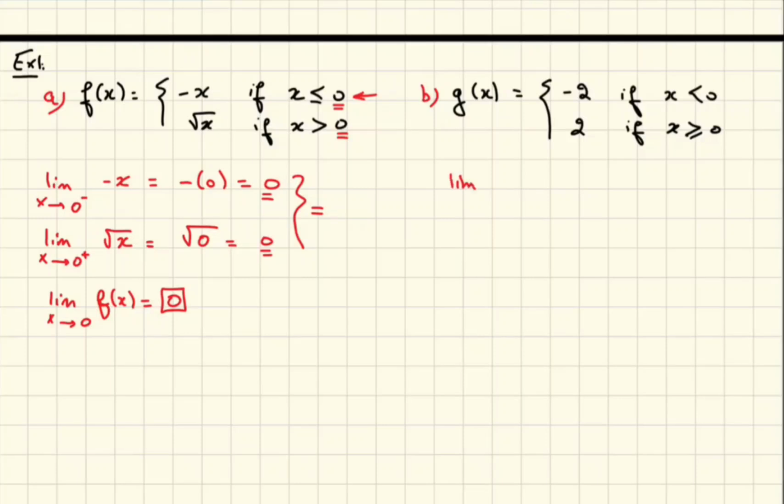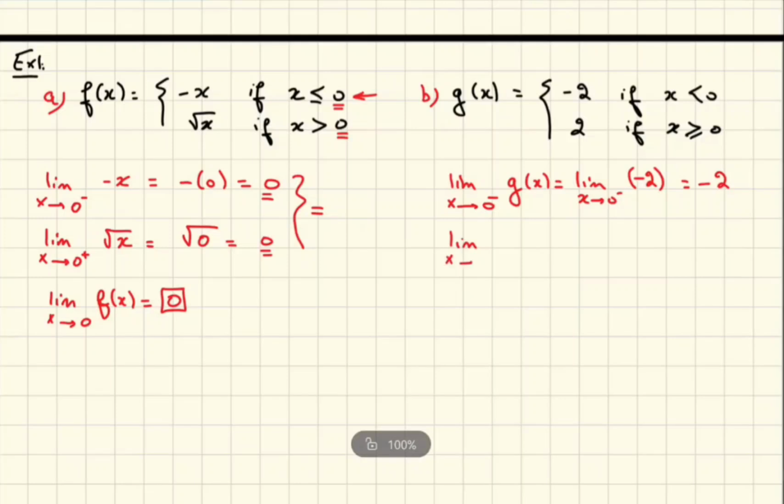Now, for g, let's check. Limit as x approaches 0 minus of the function g of x is equal to the limit as x approaches 0 minus of -2. And we say the limit of a constant number stays the same, so it's equal to -2.